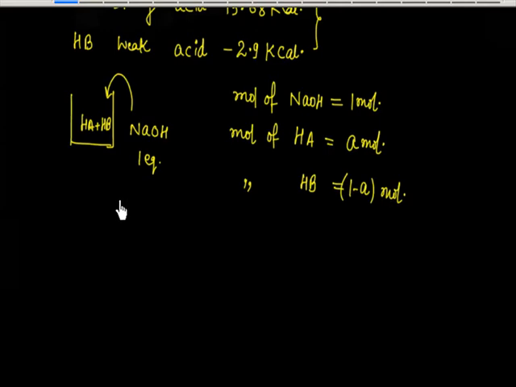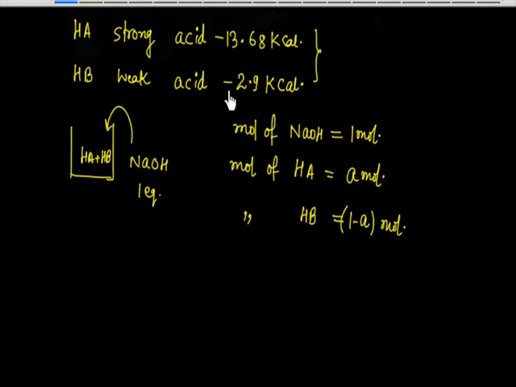Now for 1 mole of HA, what is the heat released? This is the strong acid, so for 1 mole of HA the heat released is minus 13.68. So for a mole you will have heat released of minus 13.68 kilocalorie times a. For 1 minus a mole of HB, the heat released will be this multiplied by minus 2.9 kilocalorie.